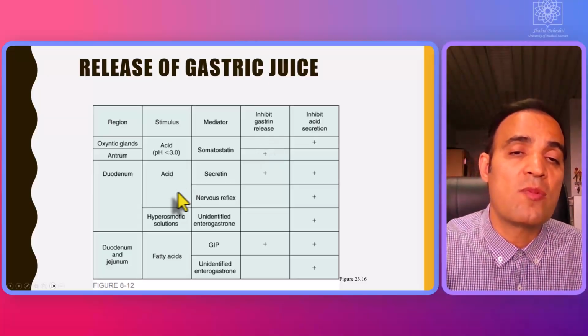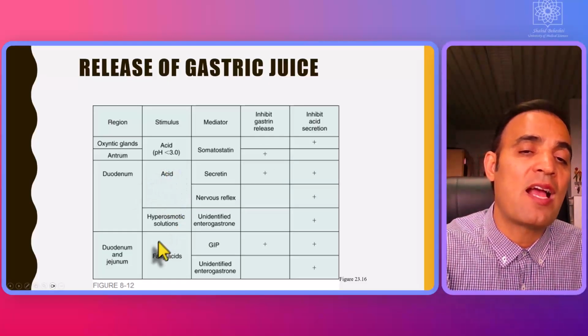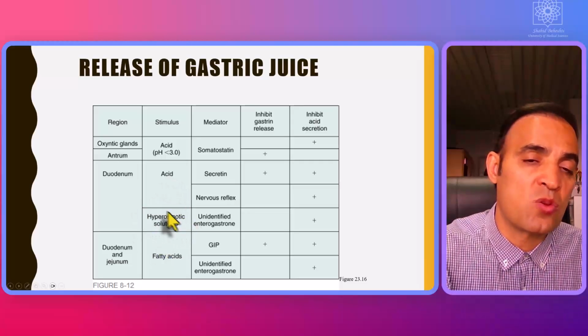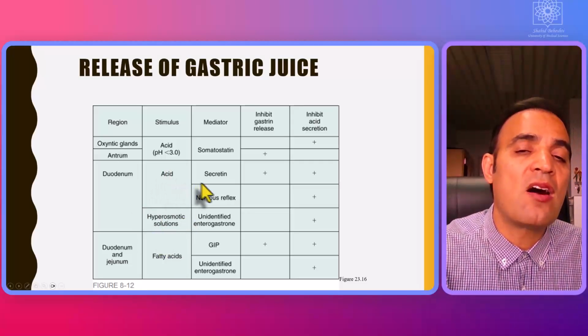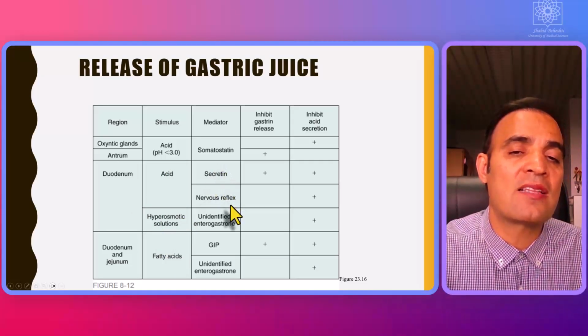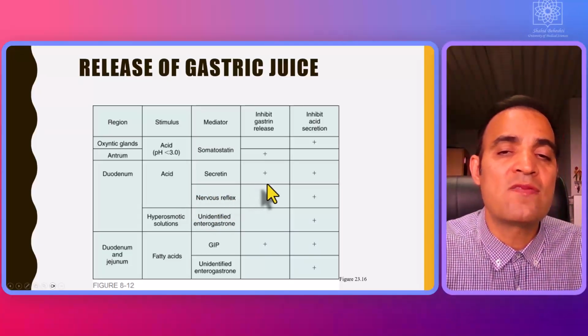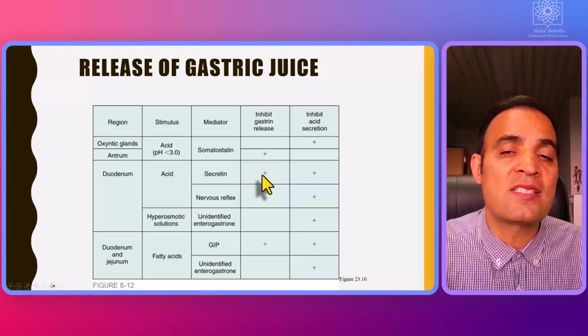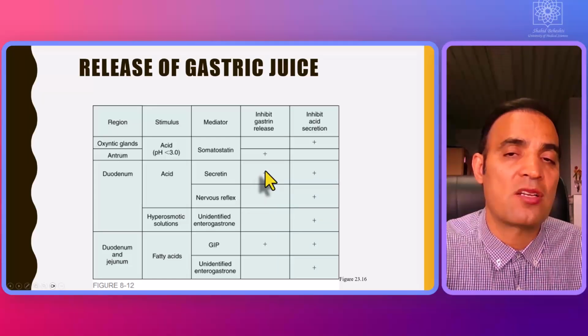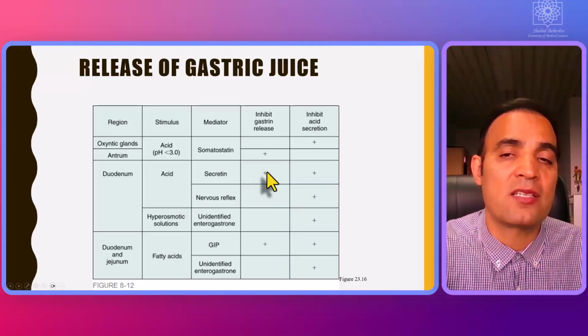In the duodenum, when acid or hyperosmotic solutions are available, they release secretin and stimulate neuronal reflexes, and secretin inhibits acid secretion by inhibiting gastrin.